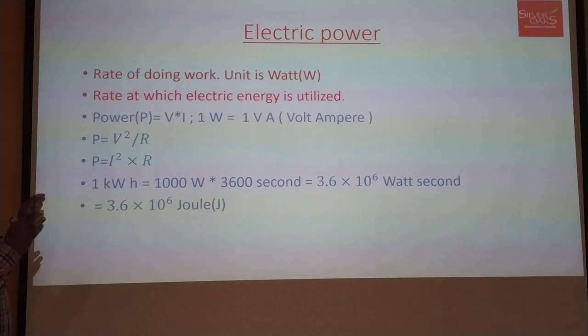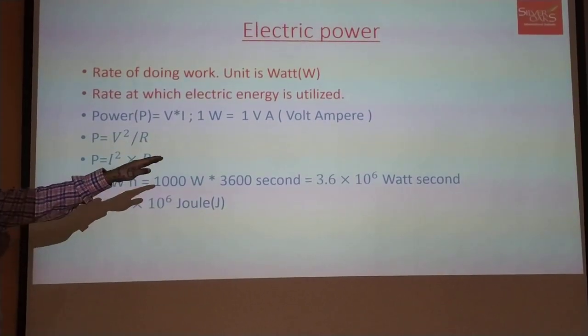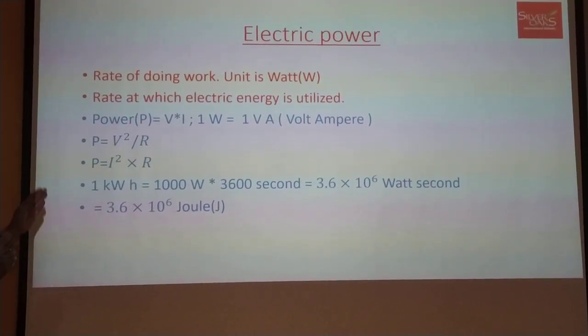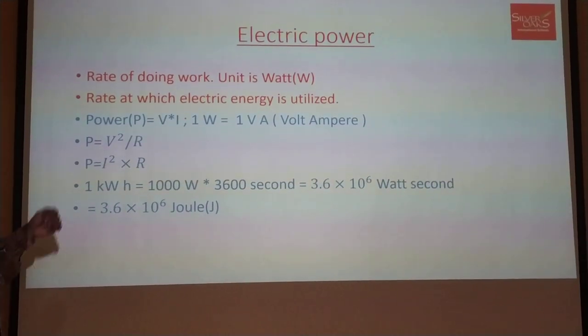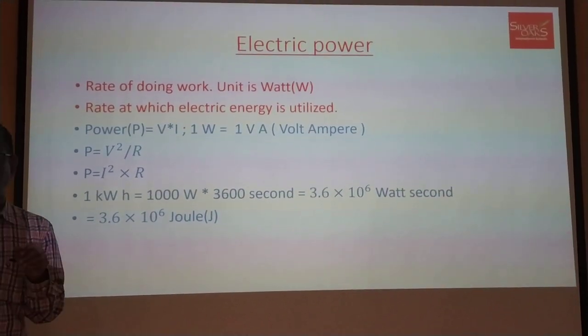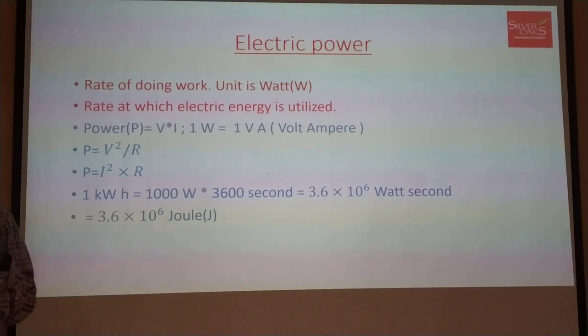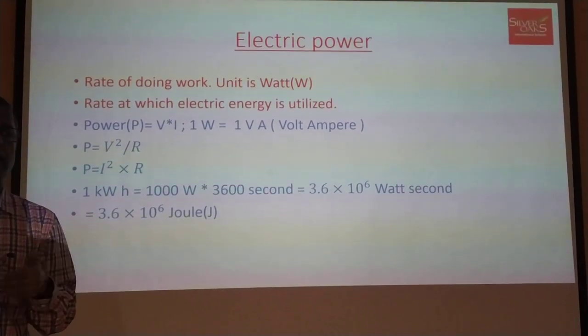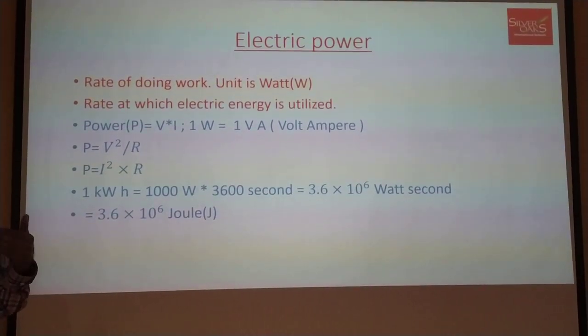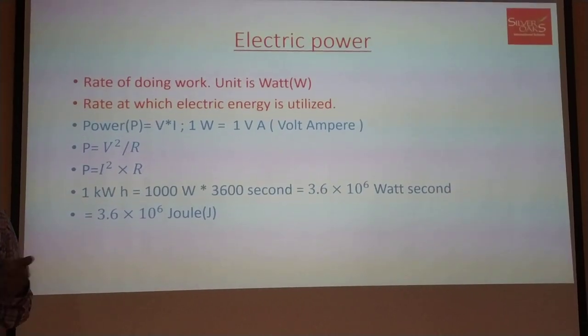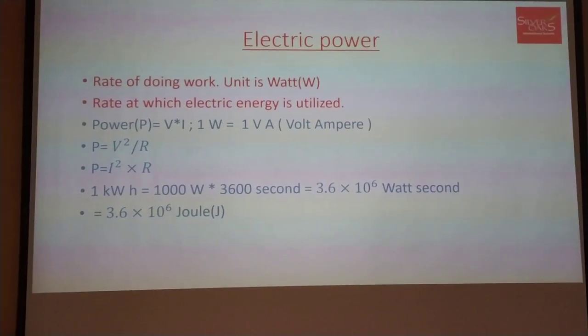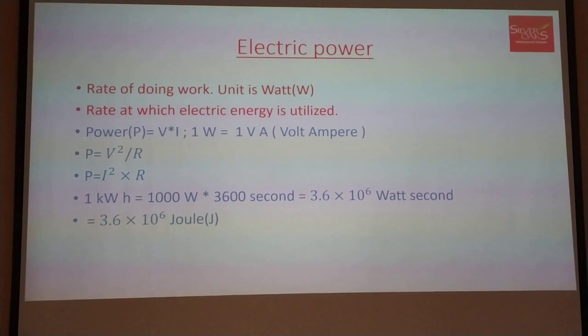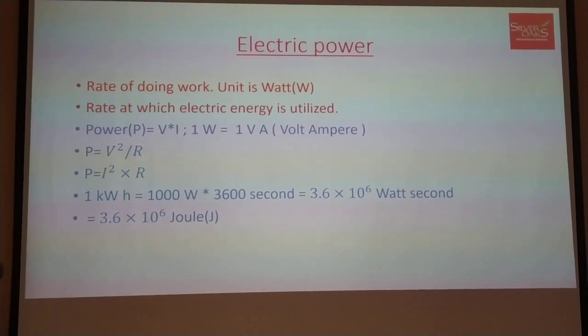So that is 1 kilowatt hour, and we indicate kilowatt hour as a unit. When you say the energy consumed in your house is 100 units, that means it is 100 kilowatt hour.